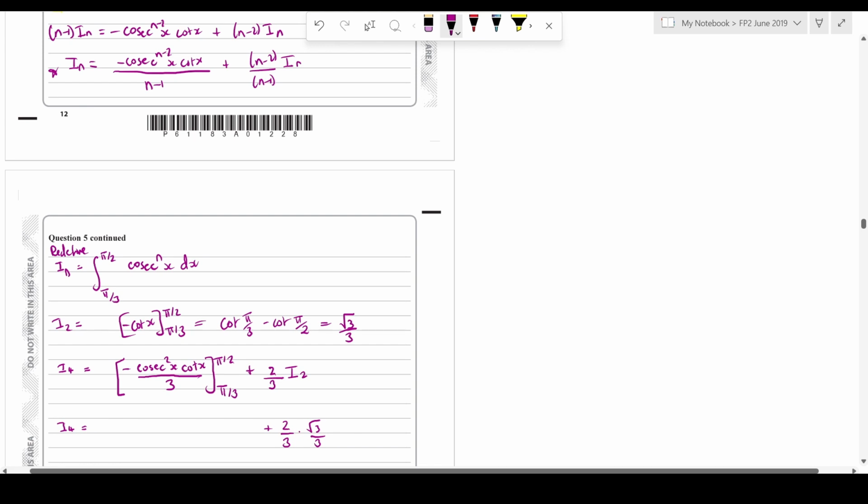And that's going to give us 4 root 3 over 27.